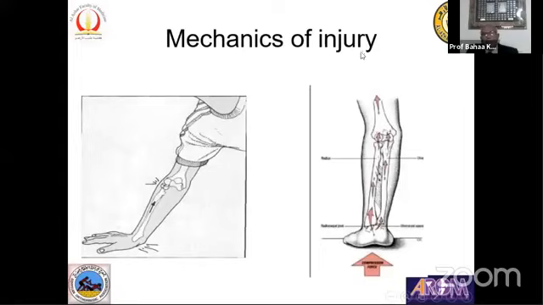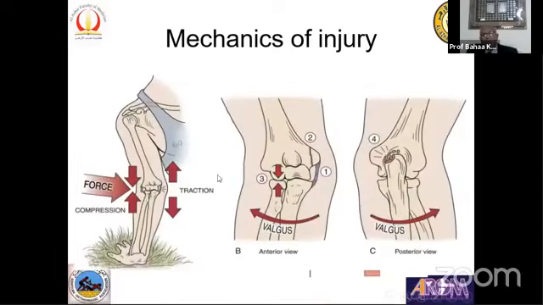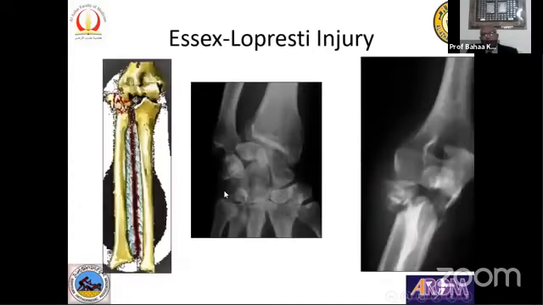This is the mechanism of the injury, which can be caused by indirect trauma, falling on an outstretched hand, leading to compression and transmitting the load to the head of the radius. This is an example of a fracture of the radial head, and this is a compression-distraction over the medial collateral ligament, leading to either disruption or fractures, and then with continued valgus leading to fracture of the olecranon.